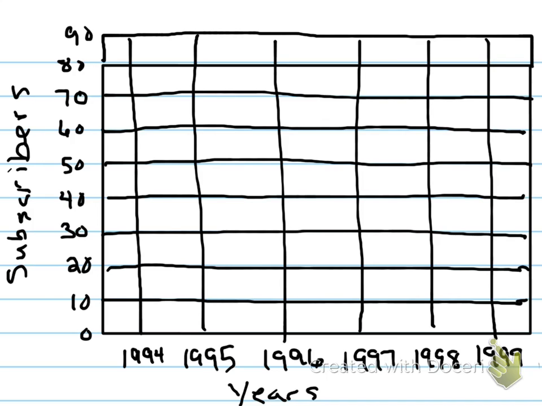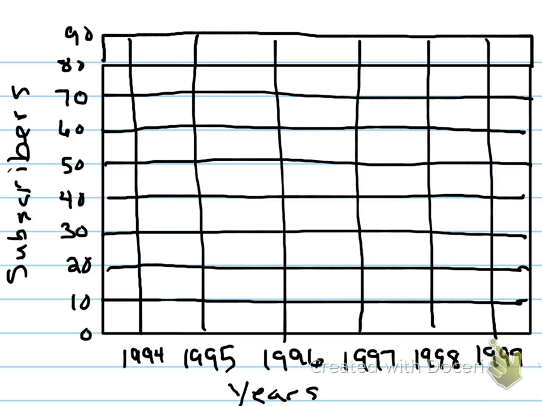You need vertical lines as well, and that'll help you plot your points exactly where they go. So go ahead and label your categories and draw your vertical grid lines. Notice that the vertical grid lines will match up with the year. So it needs to go all the way down and go right in the middle of wherever you labeled that year. Okay, so it needs to line up.